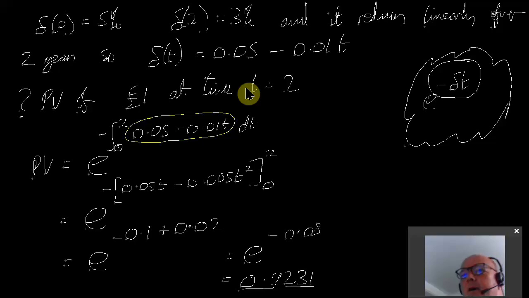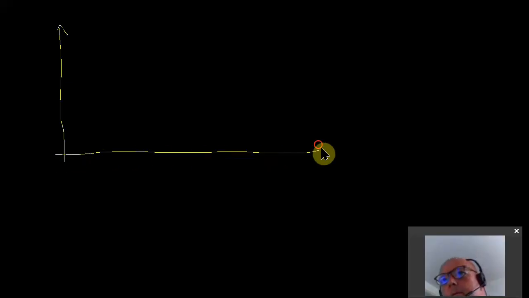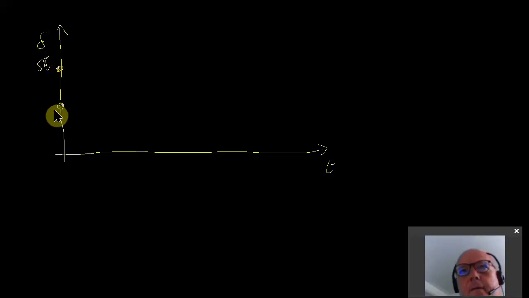Okay, supposing now we had a question where we want to know what the present value is at time 5. Okay, so same question. Time and delta, that's 5%, 3%, and we go 1, 2, 3, 4, 5.